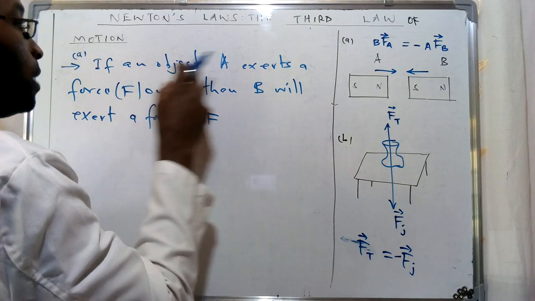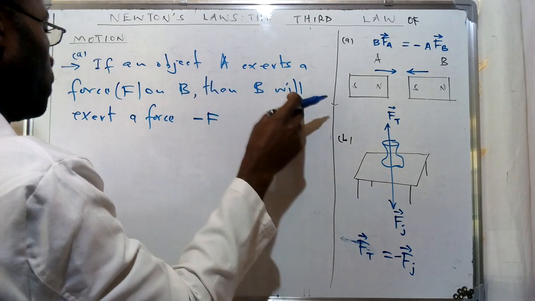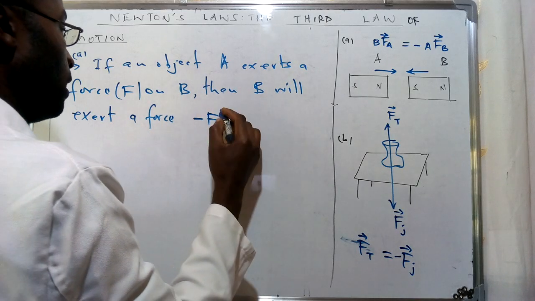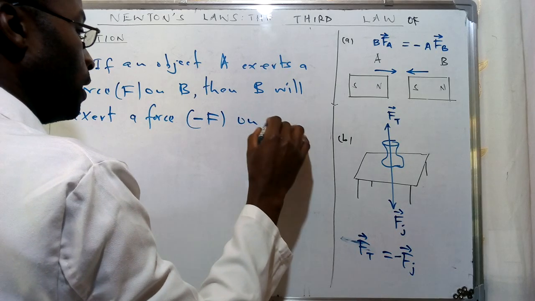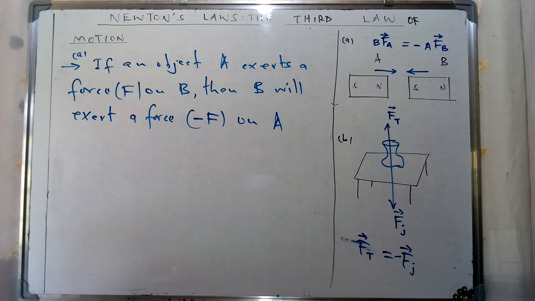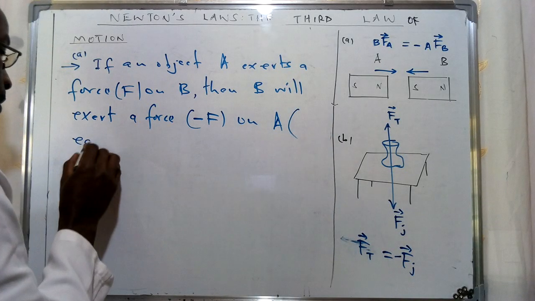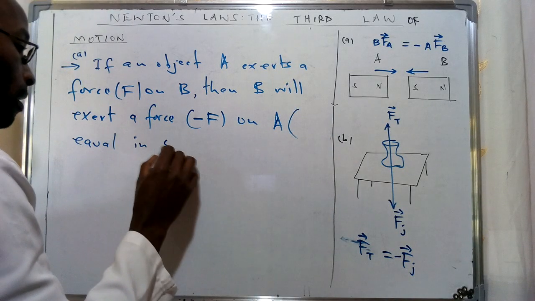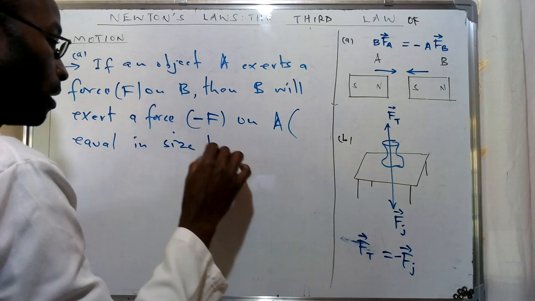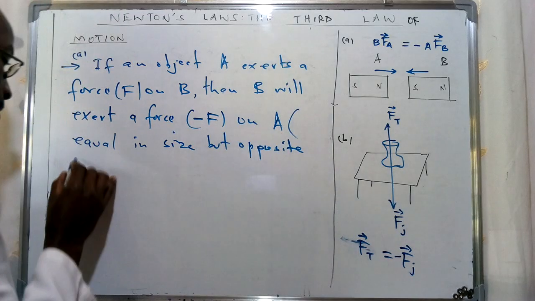If an object A exerts a force F on B, then B will exert a force negative F on A. And of course, we have measured the size of this specific force, which is equal in size. So this force will be equal in size, but opposite in direction.